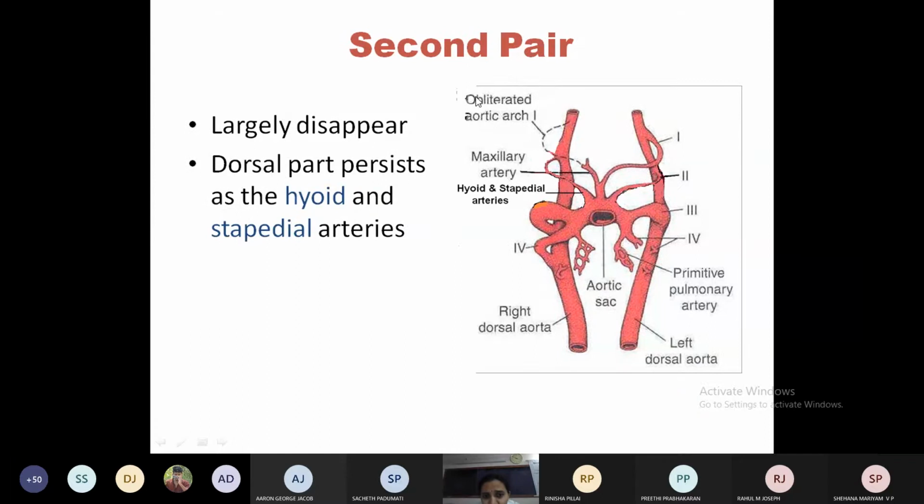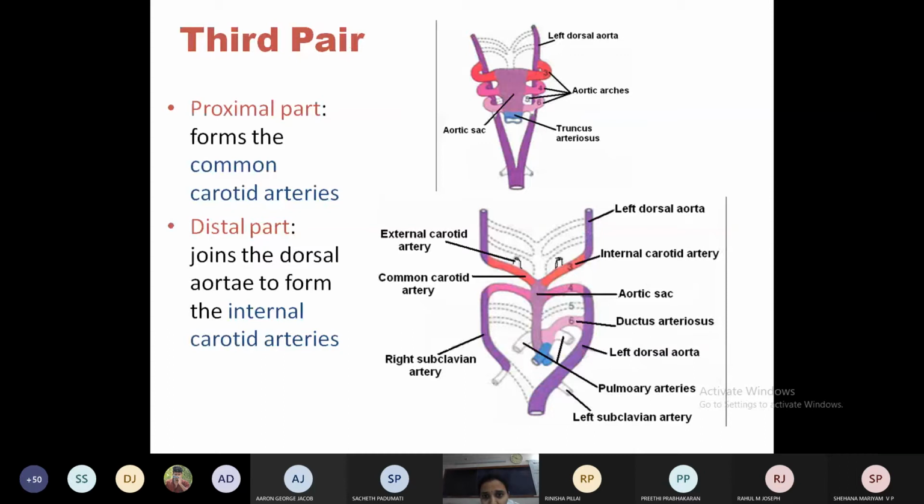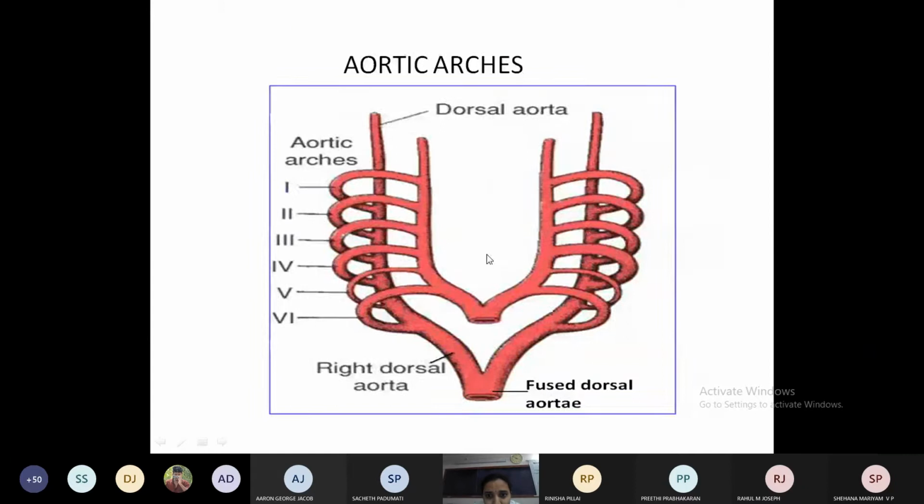Second pair, most of it will disappear, part of it remains as stapedial artery. Third one is important. This is the third aortic arch and this is the fourth one. This is the dorsal aorta. The dorsal aorta between the third and fourth will disappear. Here you have seen it is continuous.